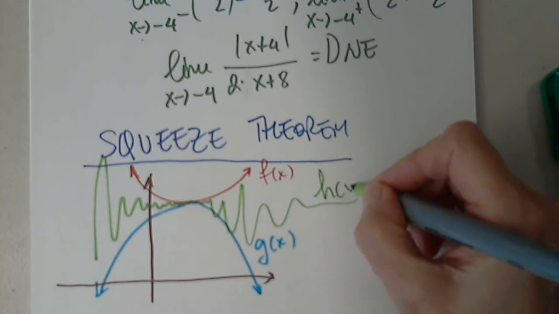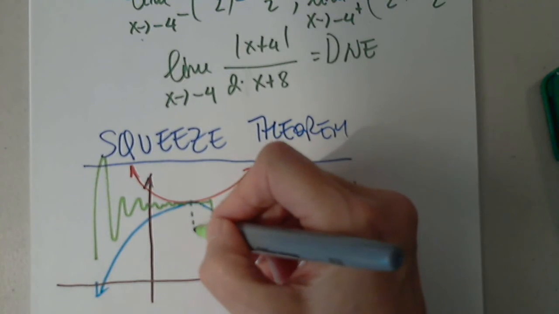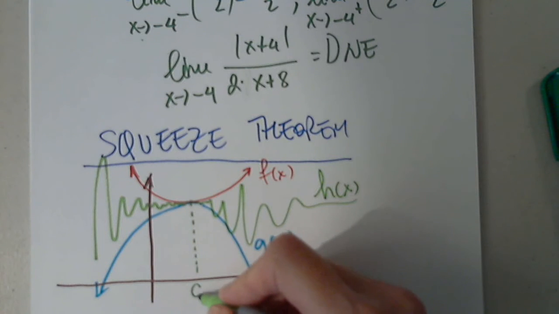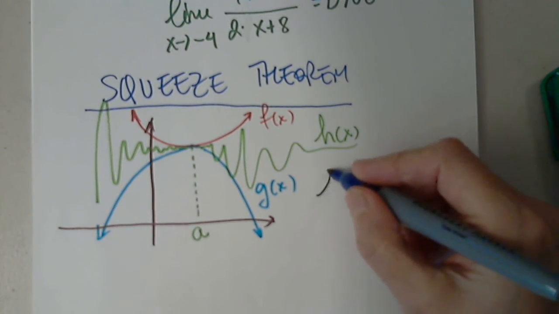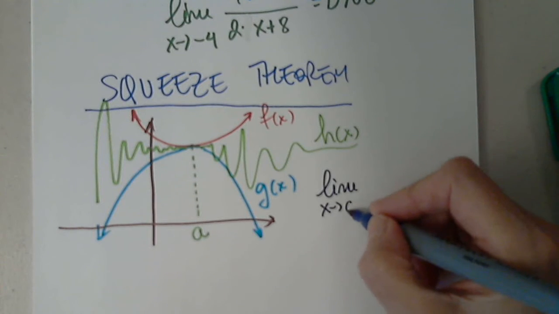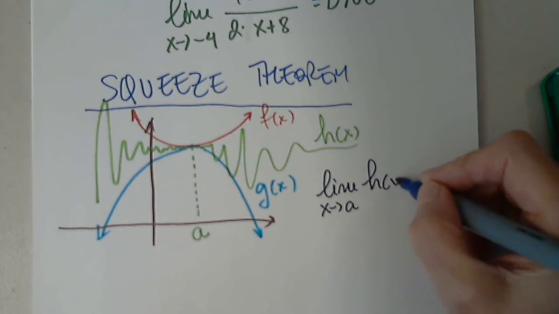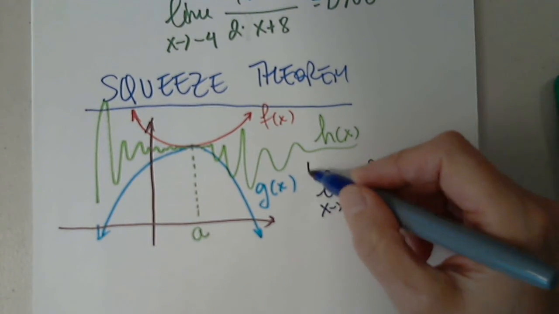I'm going to call it h of x. And this is x equals a particular value of x. Okay, so the question here is, find the limit as x approaches a from either side of h of x. This is our question.